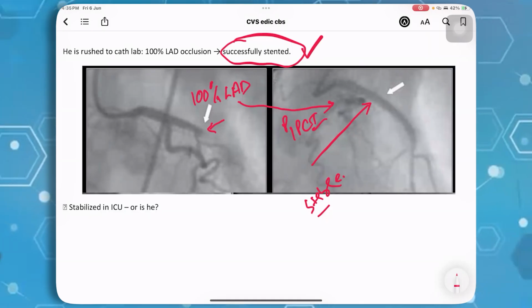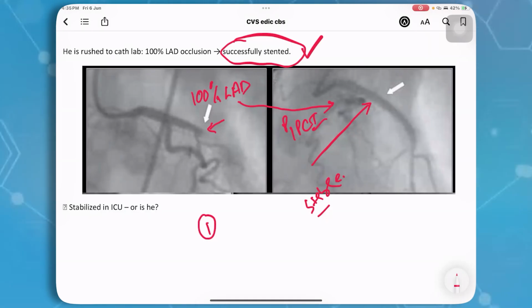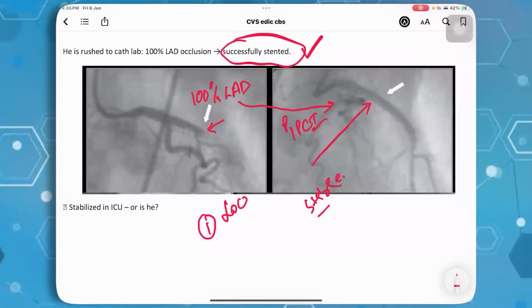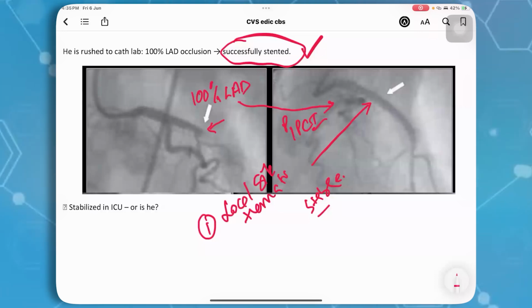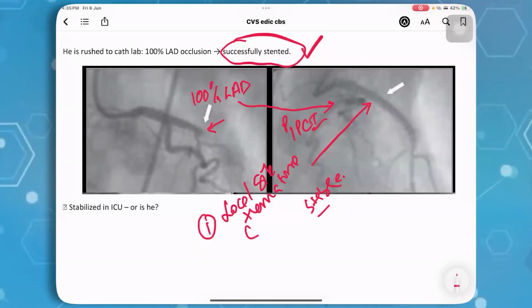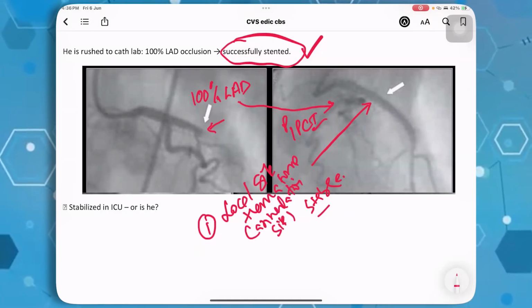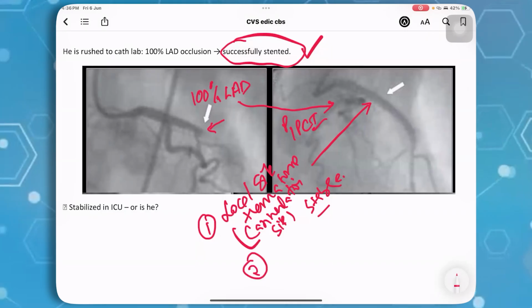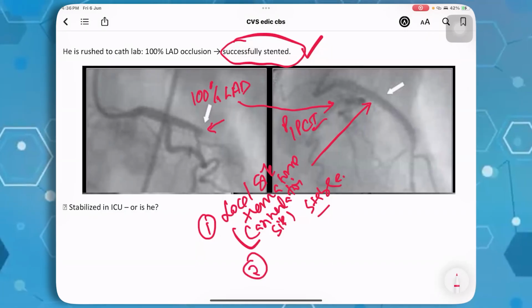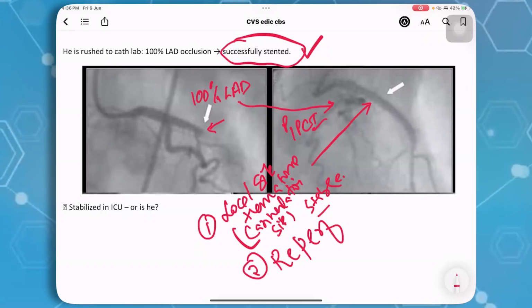There may be local site hematoma formation, vessel injury, either in the radial artery or femoral artery from where we have gone. So you should say post cannulation site. What else? Later on, there can be infection at the cannulation site. No, let's forget that.